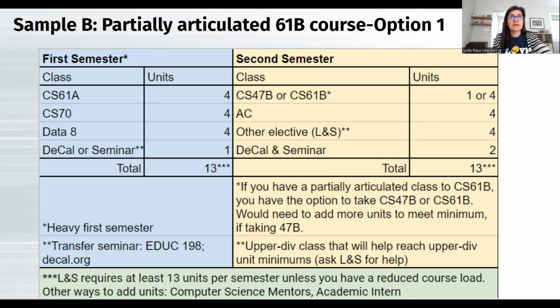If you want to take 47B, which is the bridge class, this fall, you can just contact us. I have the permission codes as well as Carol, one of our other advisors. So we would just verify that your class was partially transferable, and then we'll give you the code. But it's a self-paced class. And so sometimes that works better for one kind of student than another, because it's really up to you to make sure you're finishing your work.